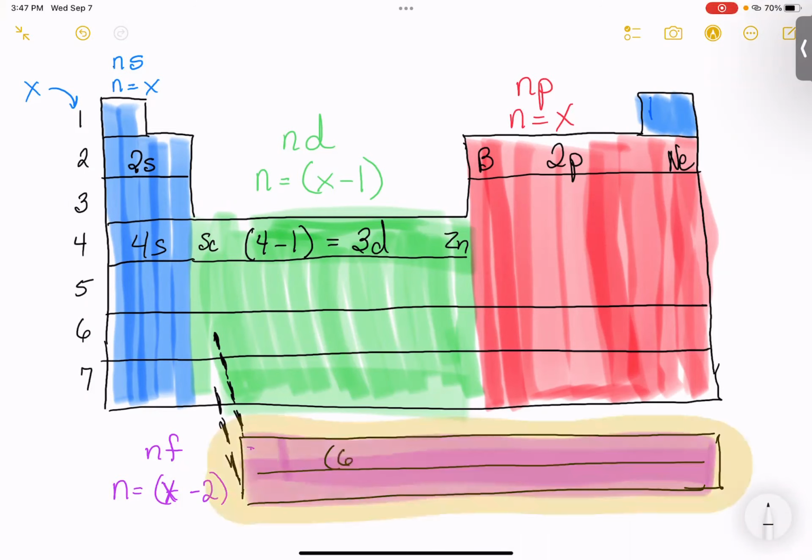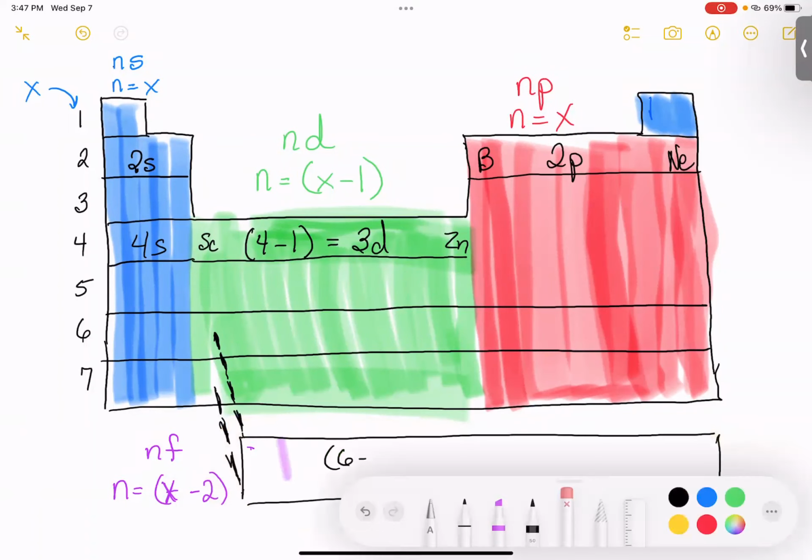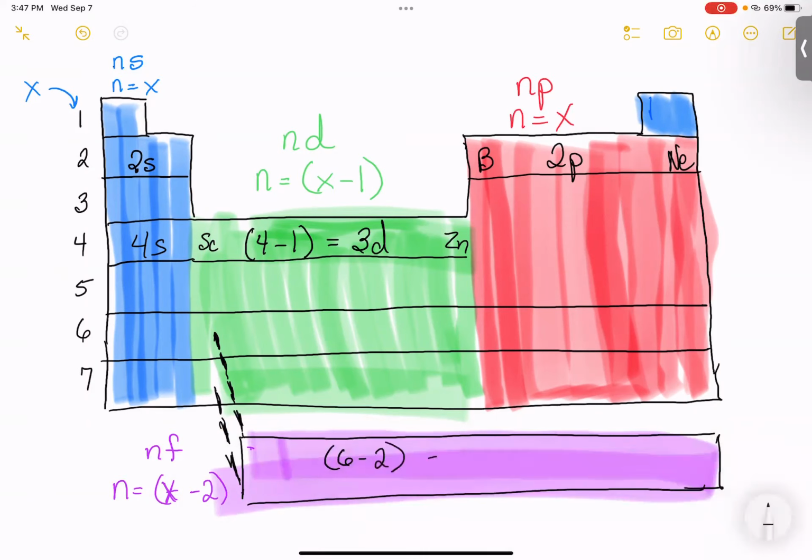So that would be 6 minus 2, or in other words, the 4 Fs. Is for that top row.